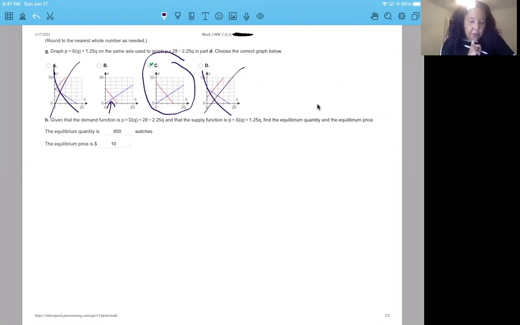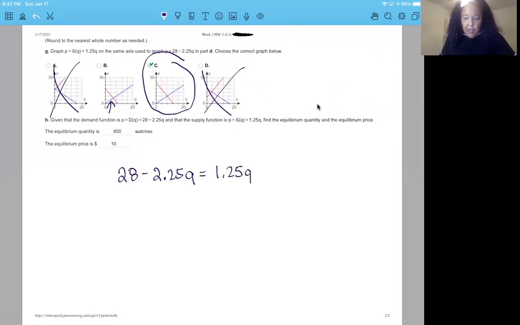Now, it says given the demand function is what it was given before, and the supply function was what it was given before, find the equilibrium quantity. And that's when the supply and the demand are set equal to each other. So 28 minus 2.25Q is equal to 1.25Q.